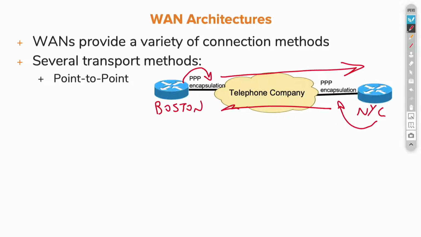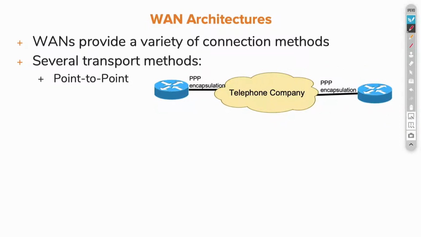You say, well, Keith, what other options are there for me for WANs? Well, you see, the downside to this architecture is if I call up my WAN provider and say, hey, I want another point-to-point connection because I got another office coming online in Raleigh, North Carolina, and I want to connect that up.